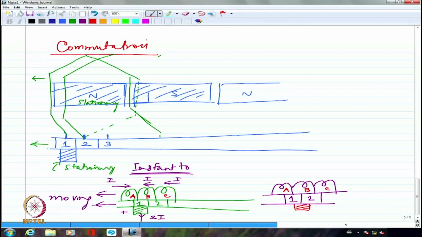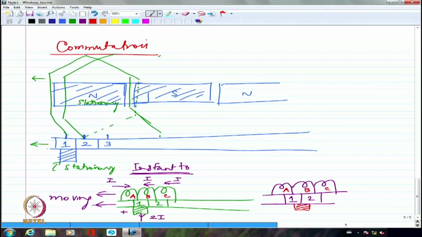So coil B is going to be short circuited whether I like it or not, because normally the commutator segment widths are somewhat larger and the brush is not going to be as large, but still it is larger than the mica. The mica is really thin in between, and the 2 sides of the copper generally are bigger, and I am going to see that at a time this brush is going to short circuit 1 and 2.